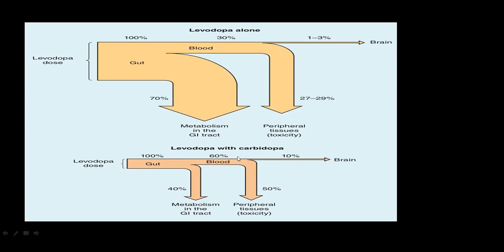Because the action of the carbidopa is to inhibit this dopa decarboxylase that is found peripherally, and thereby inhibiting the conversion of the levodopa to dopamine, thereby increasing the percentage that is able to cross into the brain, thereby much more effective in treating patients with Parkinson's disease.